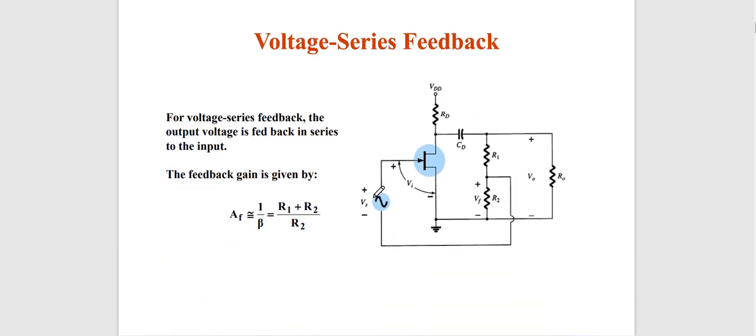The first one is voltage series feedback, like this one. We have the input source over there, and this is the amplifier, where we use the FET.